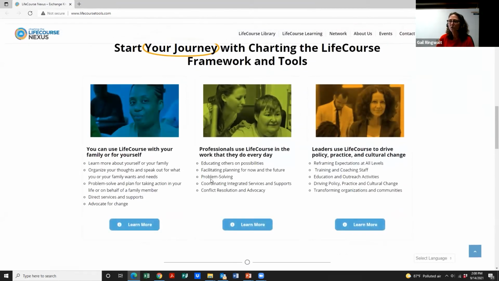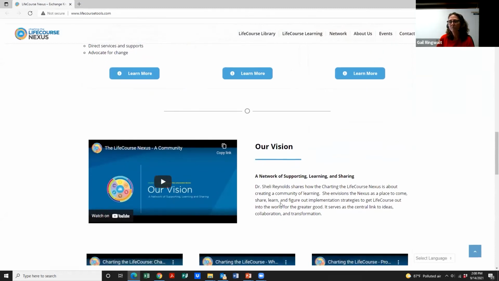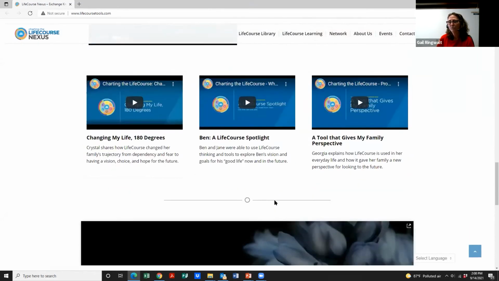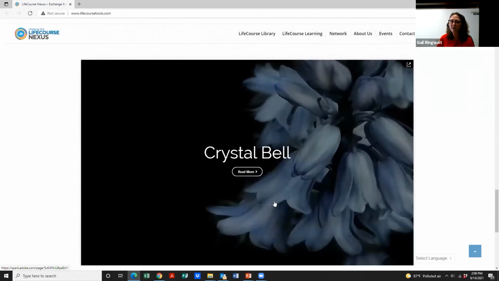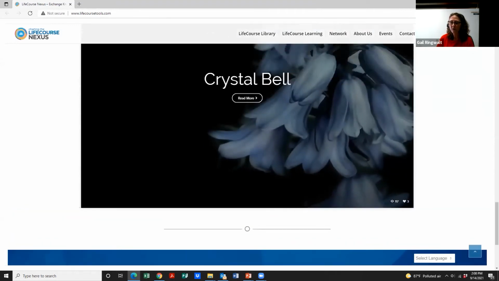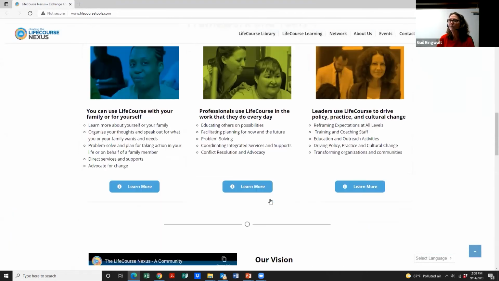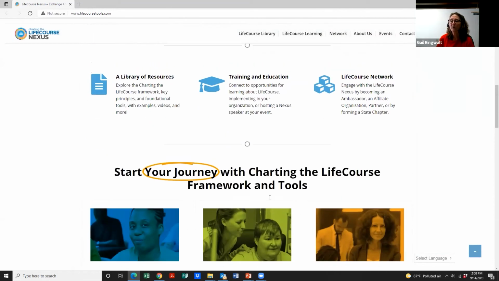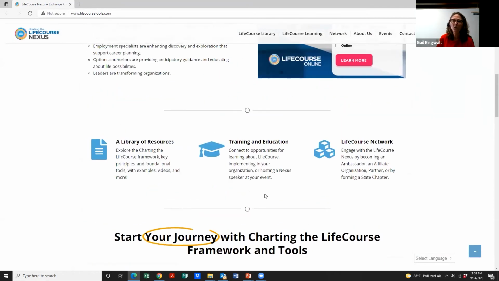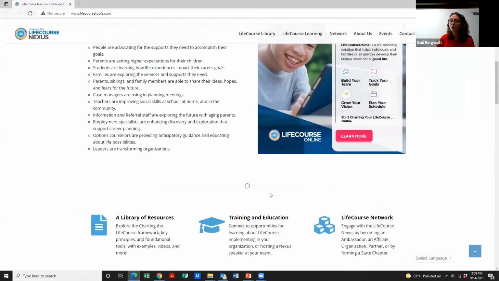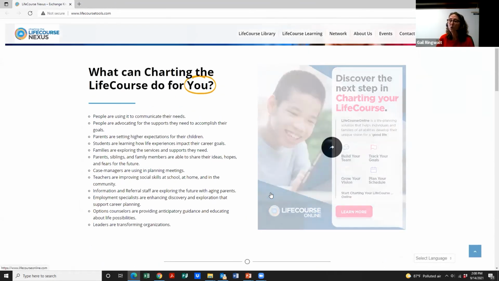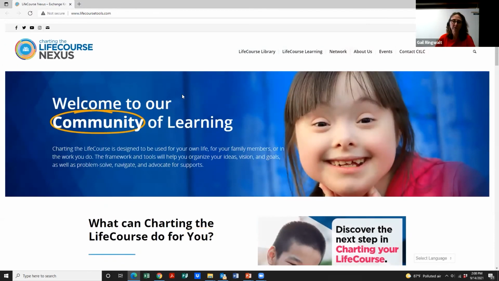It has all sorts of resources on it. It's the idea of, I'm here, where do I want to go? What do I want to be? How can I get there? What do I need to get there? For older students, what kinds of supports do I need to reach my goal for life?